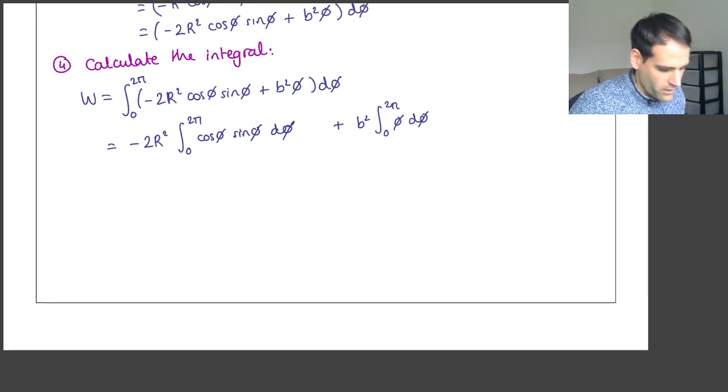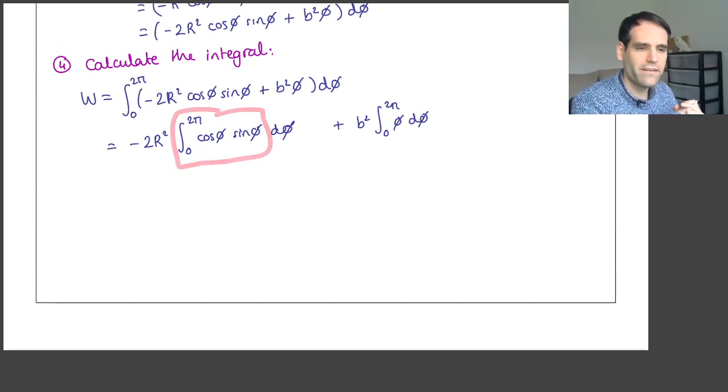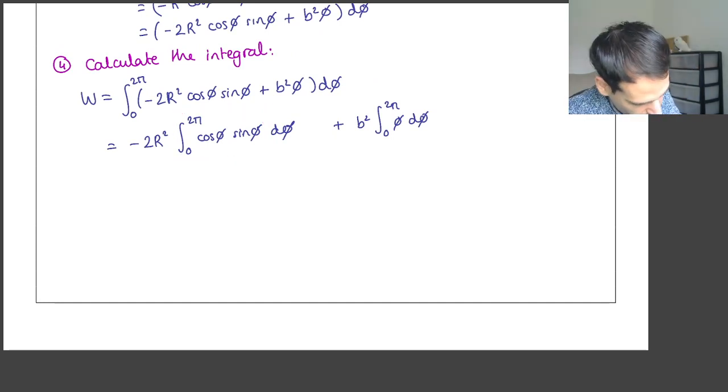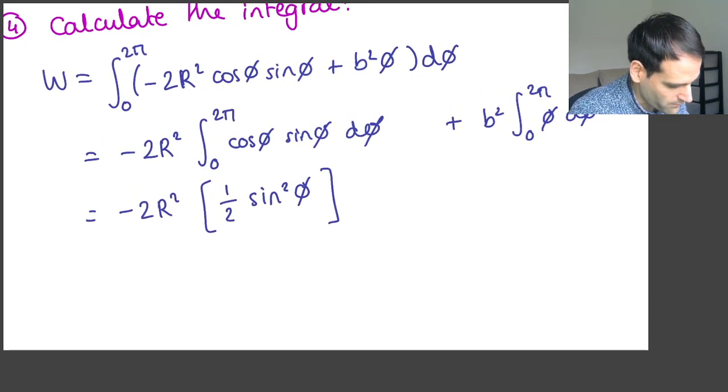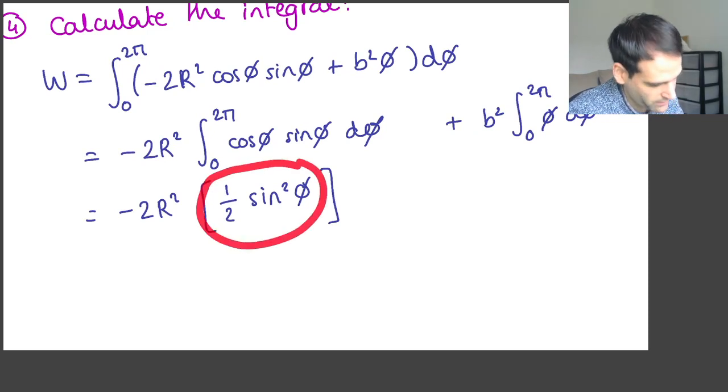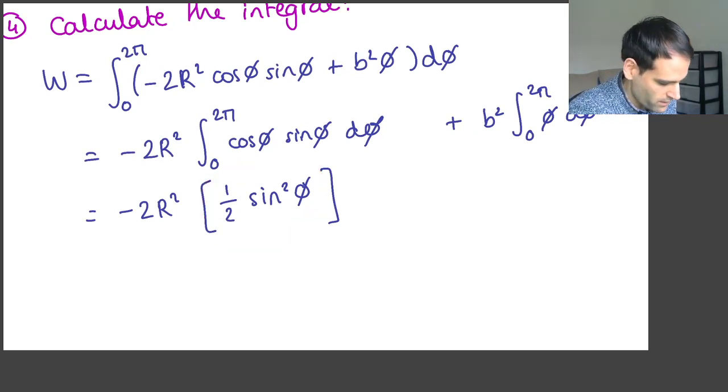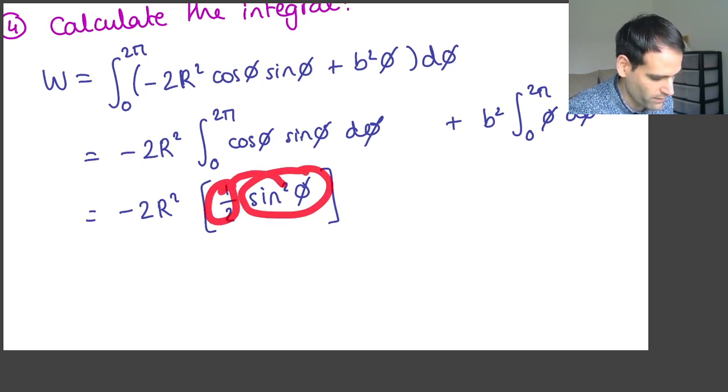Okay. So how do we do this integral? So when you have a cosine multiplied by a sine, the answer is actually very easy. If you just think about it carefully, it's just 1/2 of sine squared phi. Okay, why is that? Because if you see this and you want to make the derivative of this, you have a sine squared, so you bring the 2 down, so this cancels out with the 1/2.